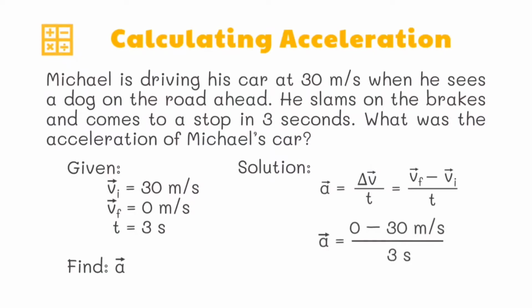So the total acceleration in this problem is equal to negative 10 meters per second squared. We can see that there is a negative sign. Usually this is called deceleration, since it has a negative value.